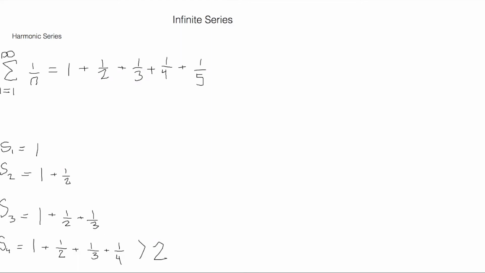Instead of going to s sub 5, let's jump down to s sub 8, the 8th element of the partial sum. So we would have 1 plus 1/2 plus, skip a few, plus 1/7 plus 1/8. And then from there, we can compare this with some different things. But you know what?